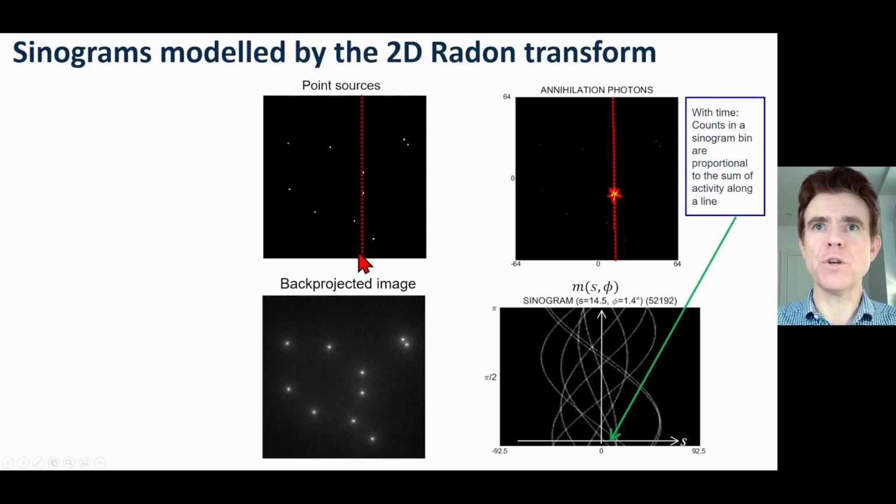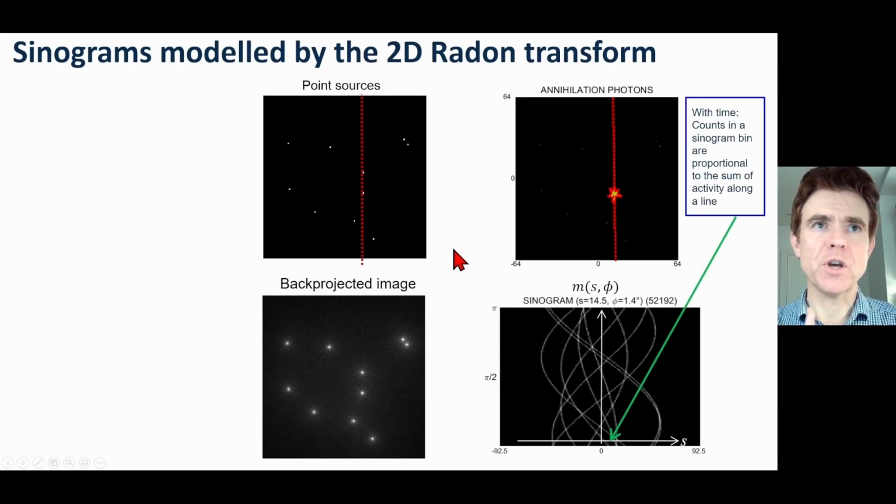So you've just got to imagine lots and lots of back-to-back photon pairs coming off from all of these point sources, and then if we fix on looking at one line, and remember one line corresponds to a single point in the sinogram, that point in the sinogram will end up accumulating a number of counts that is proportional to the sum of activity along that line through the field of view.